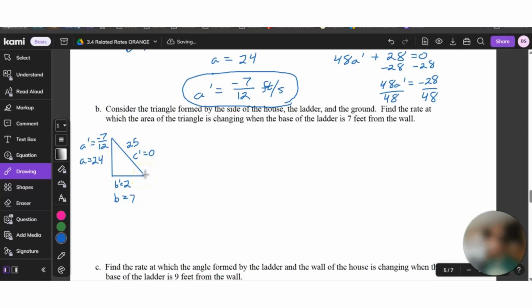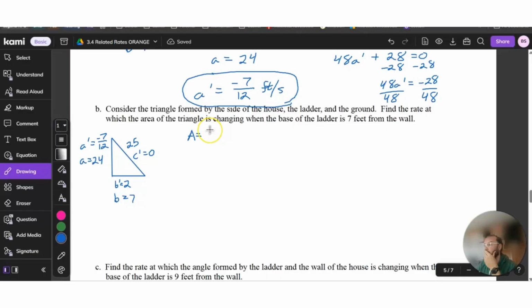All right. How do I find the area of a triangle? Guys, these are very basic geometric shapes. Manolo, what's the area of a triangle, buddy?